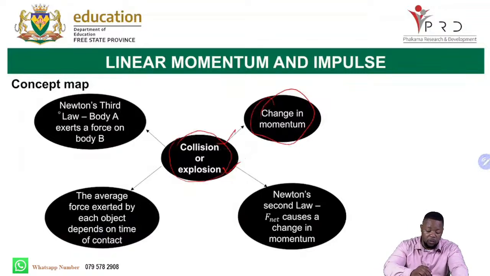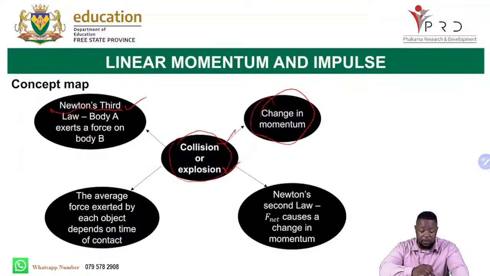We need to know that Newton's third law is applied as the objects are colliding. If object A exerts a force on object B, the force that object B exerts on A must be equal and in the opposite direction.